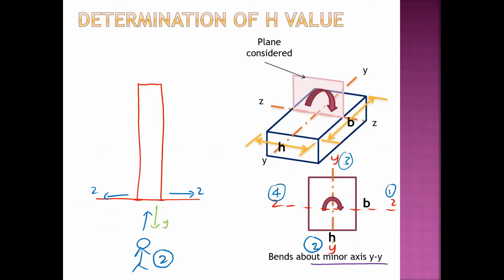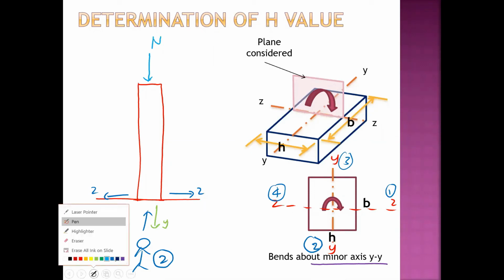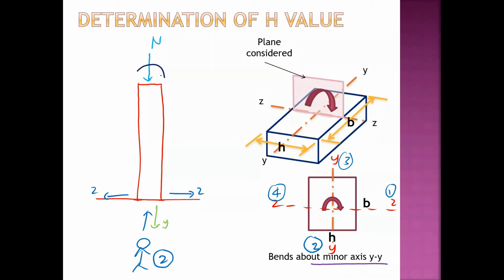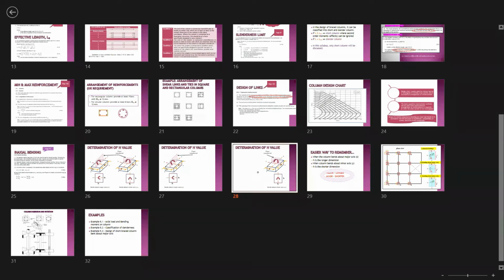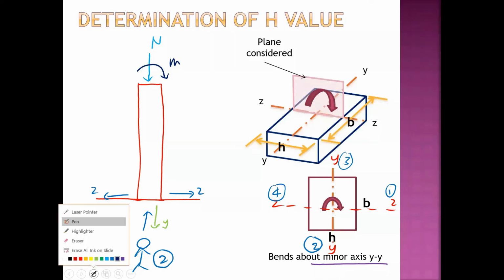As previously, we have the axial load of N, and then we have the bending moment. If the bending moment rotates clockwise, it will cause the column to bend to what direction?